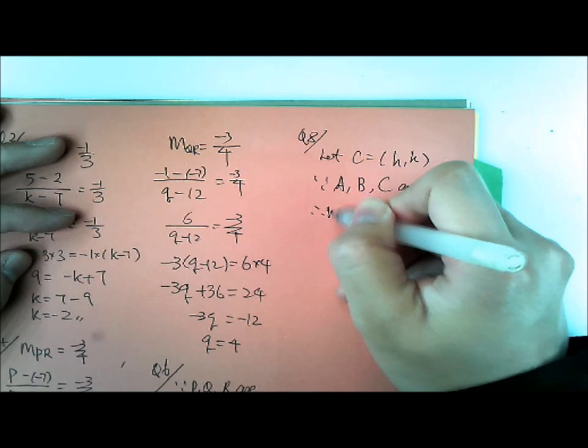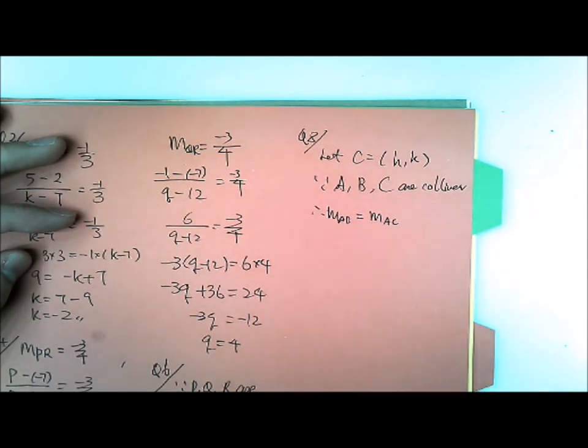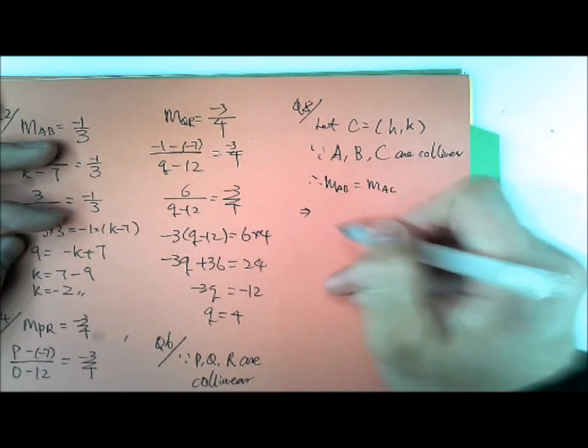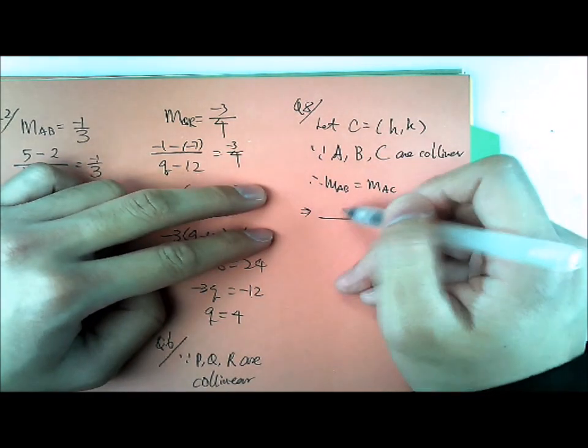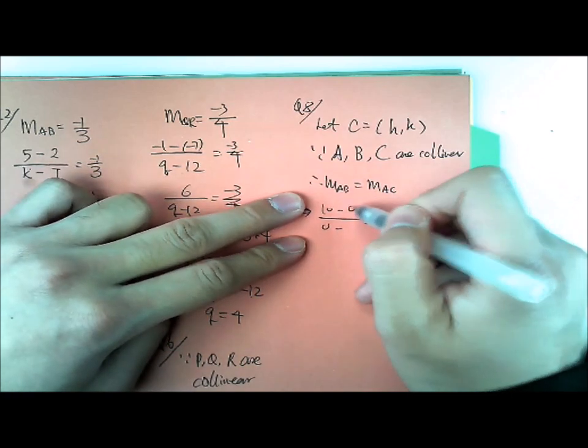So we have MAB equal to MAC. So form an equation first. For MAB, you do it first: 10, 0 minus 0, 12.